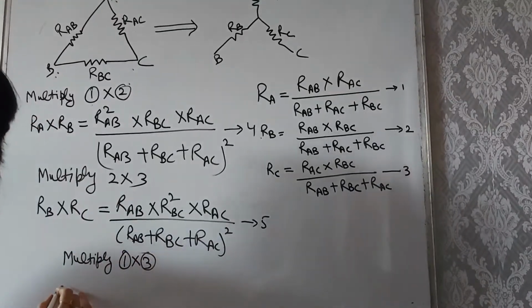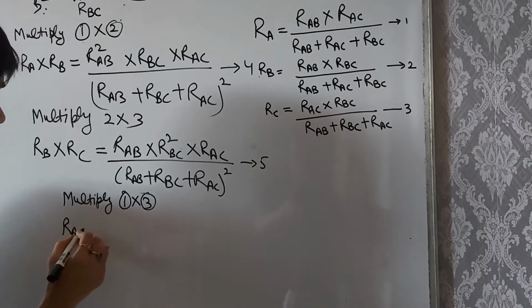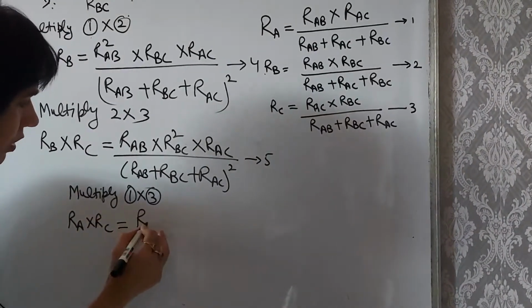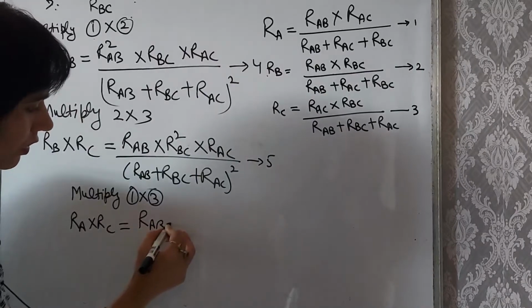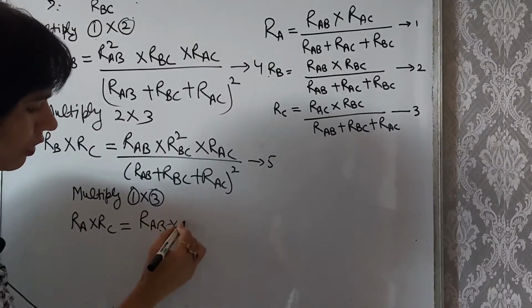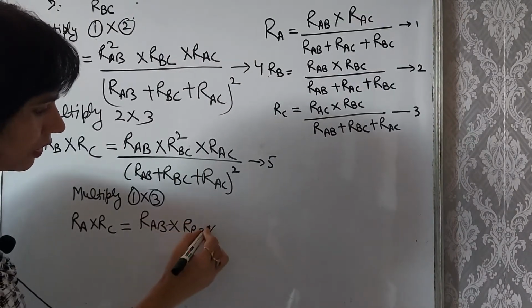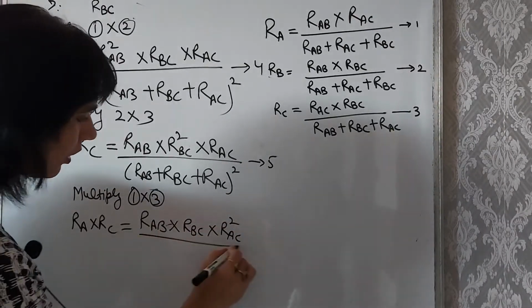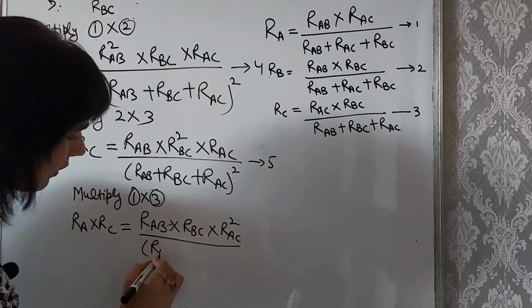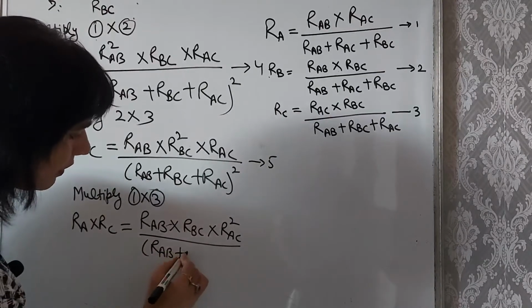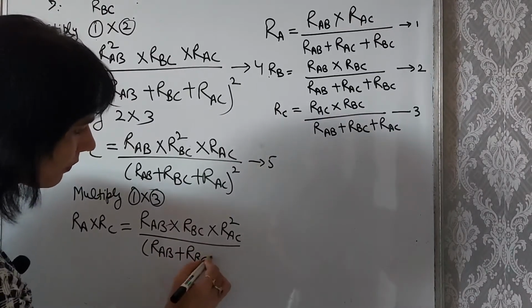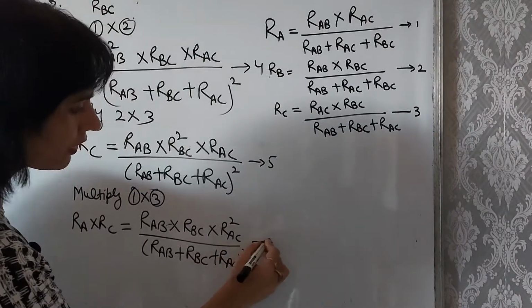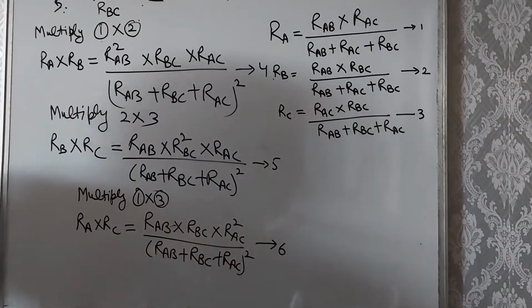It will become RA into RC is equal to RAB into RBC into RAC square upon RAB plus RBC plus RAC the square, and this is equation 6.